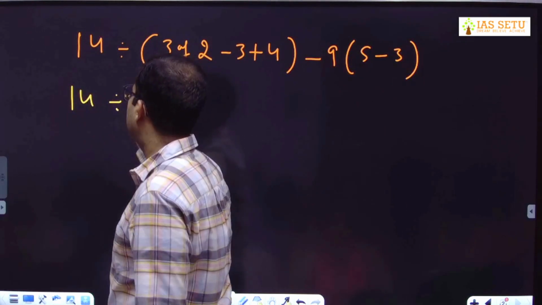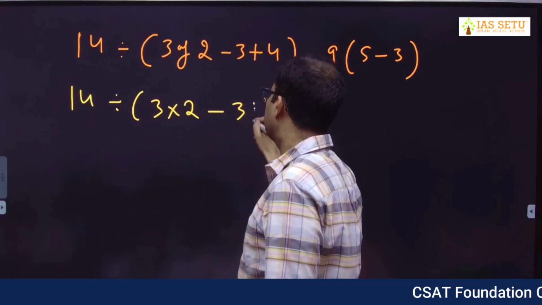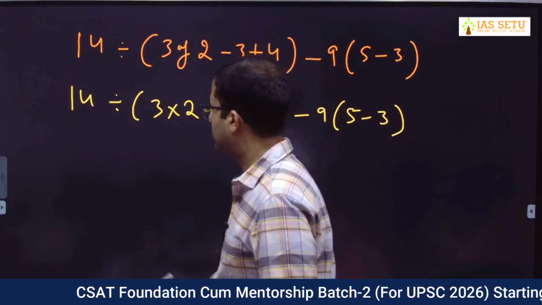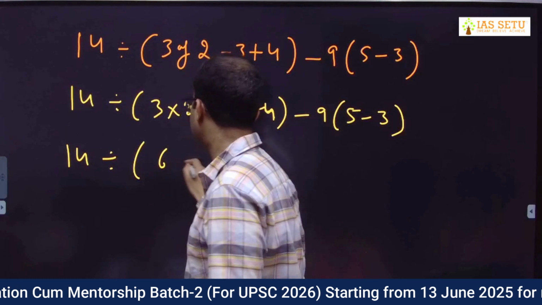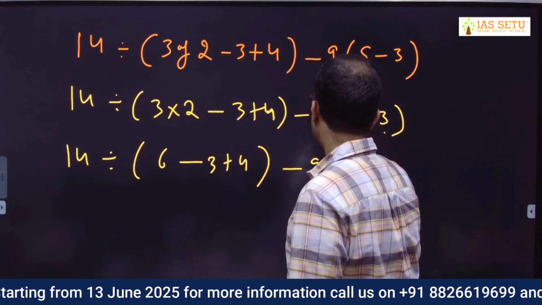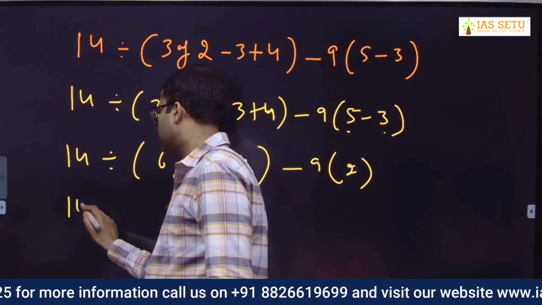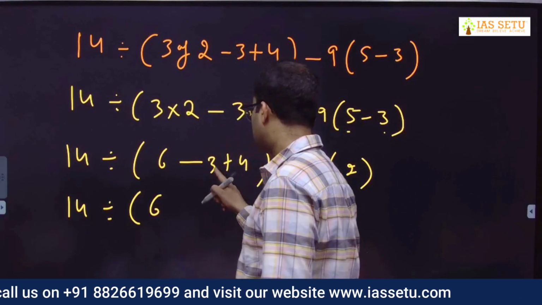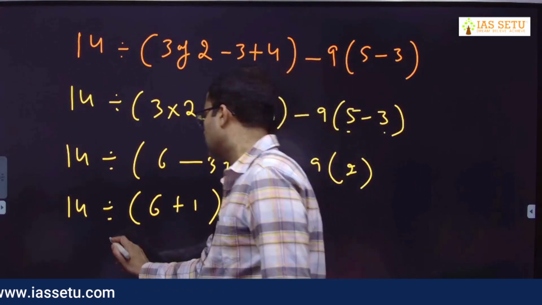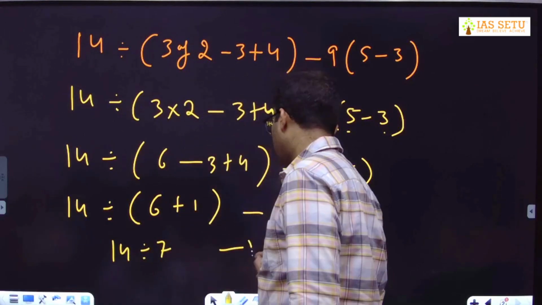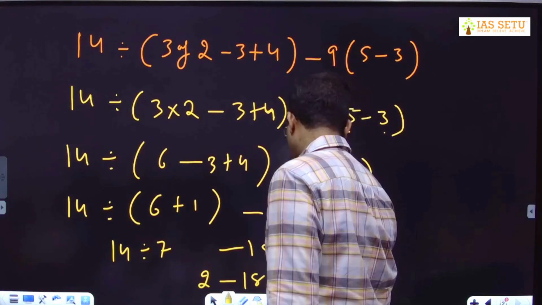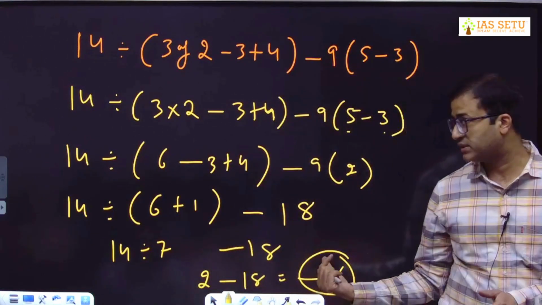So 14 divided by 3 minus 3 plus 4 minus 9, 5 minus 3. It is 14 divided by 6 minus 3 plus 4 minus 9, 5 minus 3. So it is 14 divided by 6 plus 1, minus 18. This is 14 divided by 7 minus 18. So it is 2 minus 18, minus 16 is the answer. Even one student replied minus 16 is the answer.